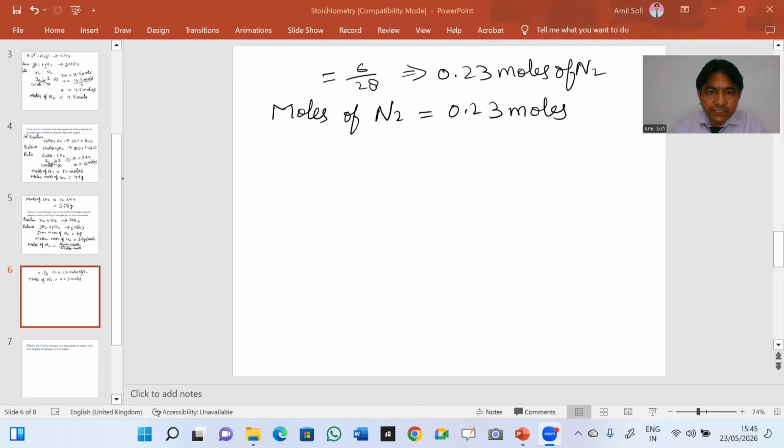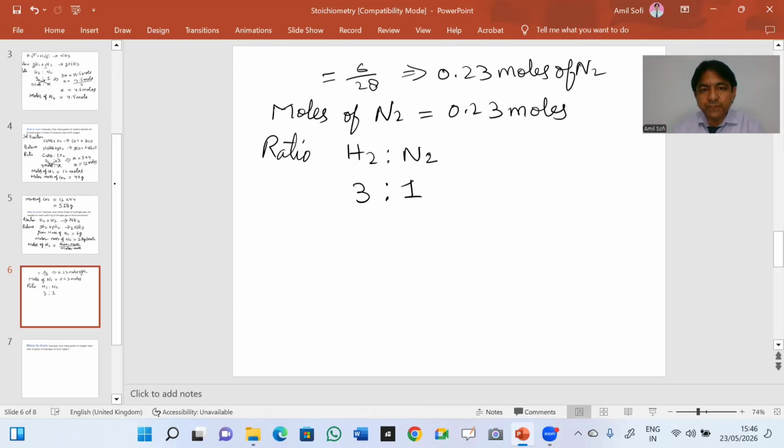Let's write now the ratio of hydrogen to nitrogen. So if we see from the equation, I will write first hydrogen is to nitrogen. In the equation above, you can see hydrogen is 3 times. So I will write 3 is to, and nitrogen is 1 times. Now I will write moles.